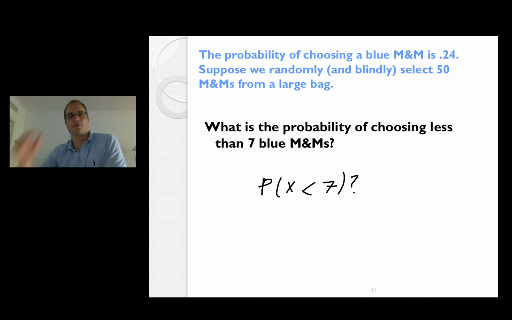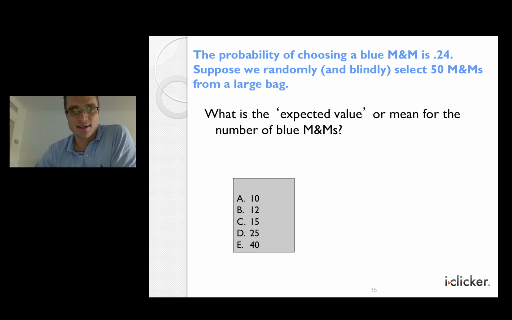Final question here. The probability of choosing a blue M&M is 0.24 again, 50 trials. What's the probability of choosing less than 7 blue M&Ms? Well, we know that back here we expect 12 M&Ms. We satisfy those conditions of 10, right?